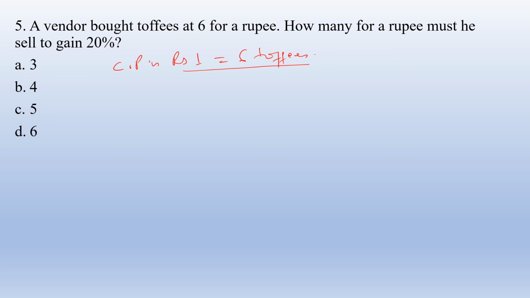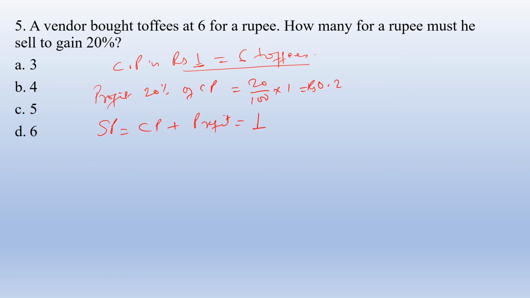So our cost price will be 1 rupee. So how many for a rupee must he sell to gain 20% profit? So the profit is given 20% of cost price, which is 20 by 100 multiplied by 1, which is equal to 0.2 rupee. Now the selling price is equal to cost price plus profit.